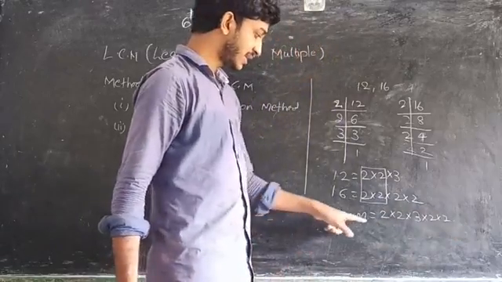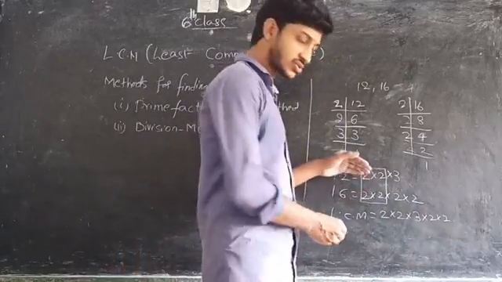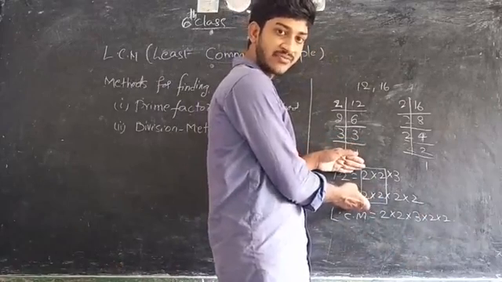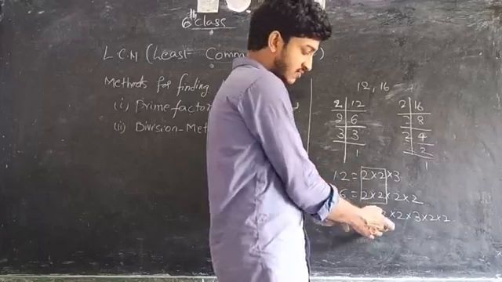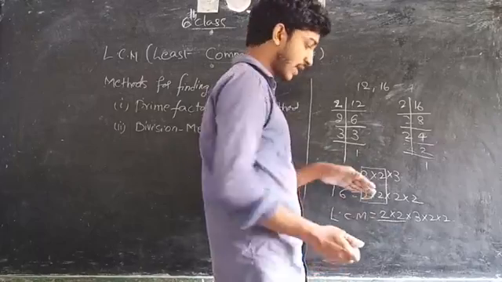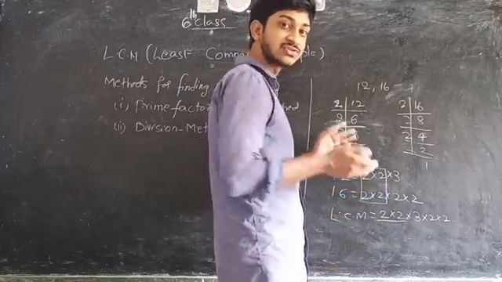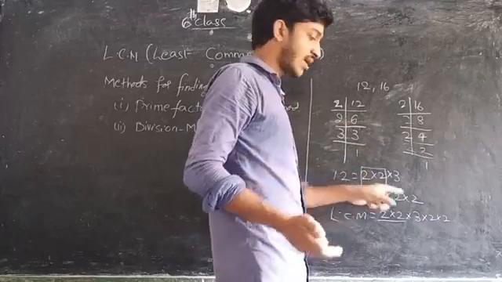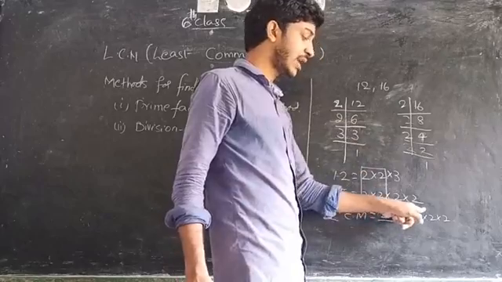Okay, children, see here. We have to take the common factors of the given two numbers. What are the common factors? 2 into 2. That's why I am taking 2 into 2. For finding LCM, we have to take the common factors and multiply with the remaining factors. What are the remaining factors? 3, 2 and 2.